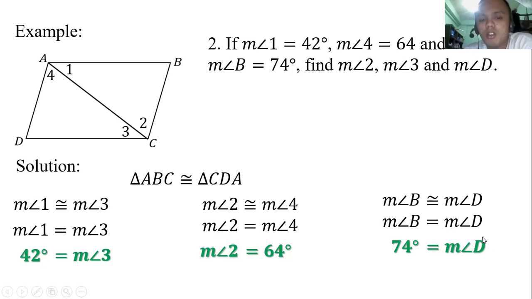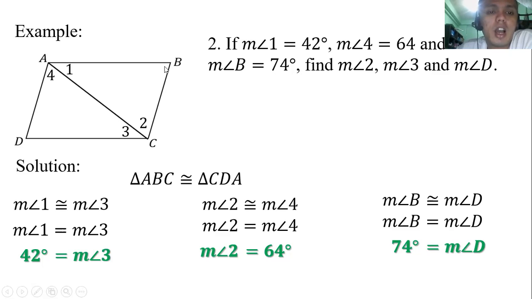So that's it. Or if you don't memorize this, you can apply the triangle. Here, angle 1 given is 42, angle B 74, find your angle 2. Take 42 plus 74, then subtract it from 180, then the difference would be the value of angle 2.